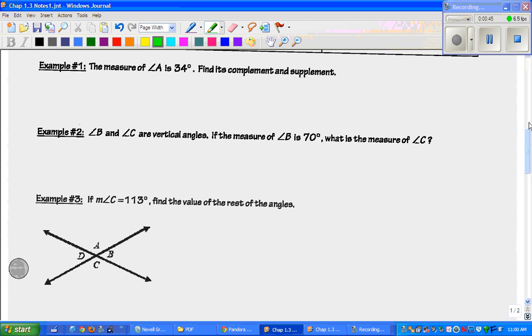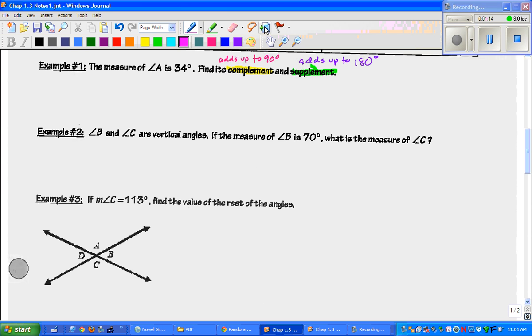Example number 1 says the measure of angle A is 34 degrees. We want to find its complement and its supplement. A complement, if we remember, adds up to 90 degrees, and a supplement adds up to 180 degrees.